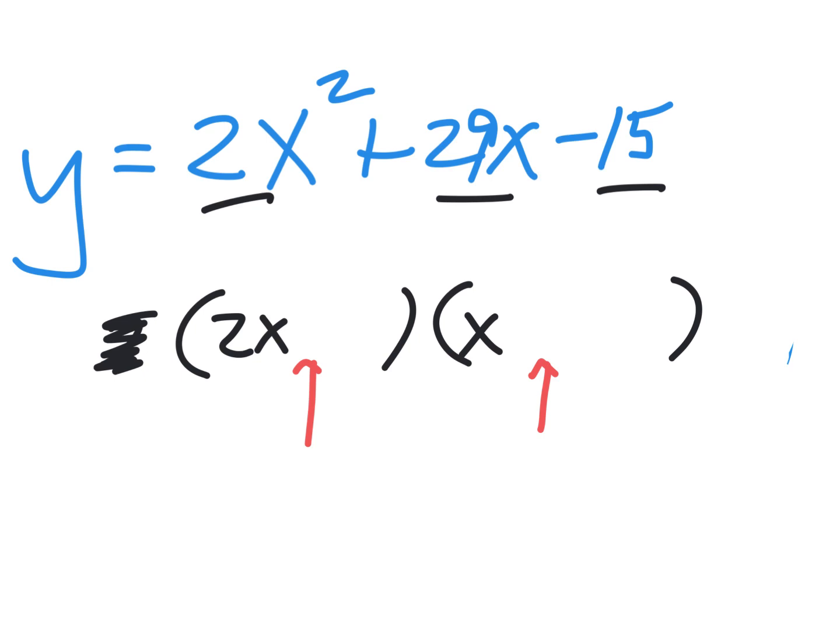You can't switch the numbers. If you switch the numbers, you will get a completely different answer. So if you find a way to get negative 29, you're pretty much there, because then you just will switch the signs. All right, I know some of you are going to struggle with this, but there's only 2 choices. It's either 15 and 1, or it's 5 and 3. Figure it out. I'll pause for a second.